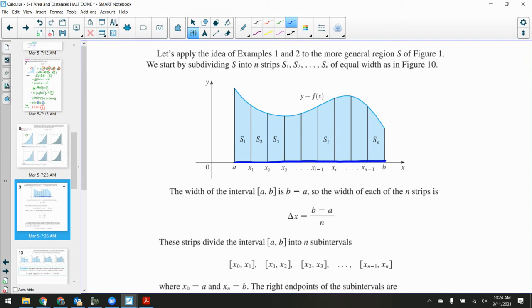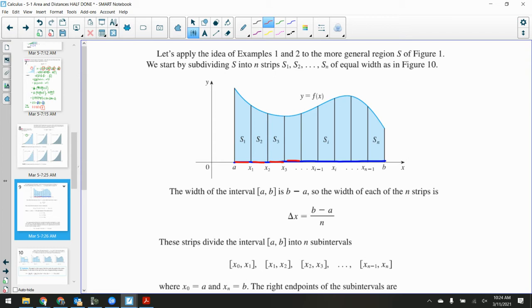So to figure out what each little piece at the bottom is, all of those distances are going to be the same. I have n strips, and I'm going to divide the distance up evenly n times.